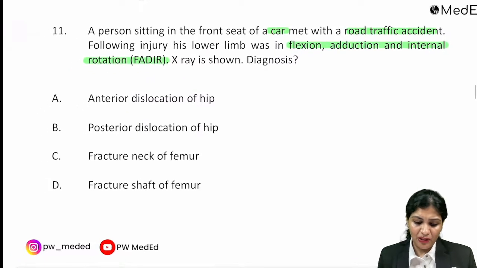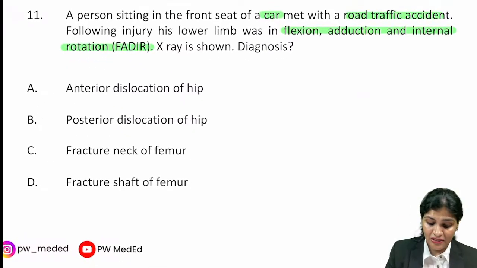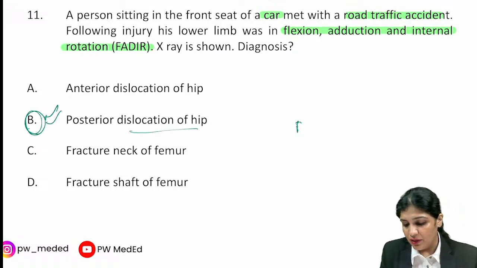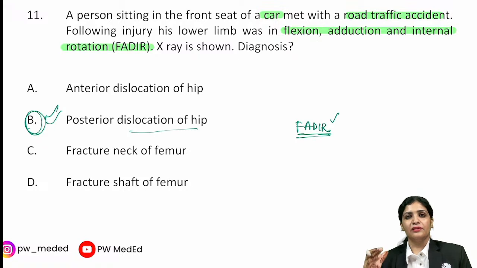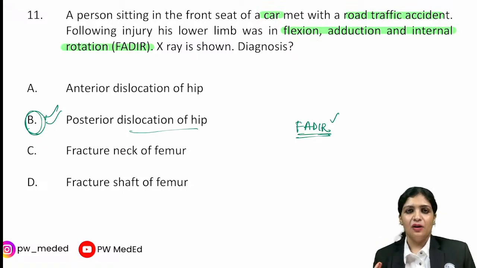So we need not even see the x-ray, and you can straight away answer this as posterior dislocation of the hip. We already know that in posterior dislocation of the hip, the hip joint goes into flexion, adduction and internal rotation, right?